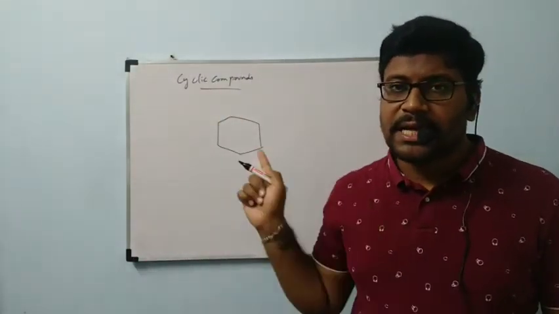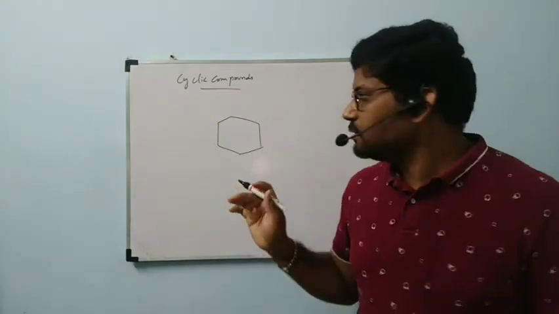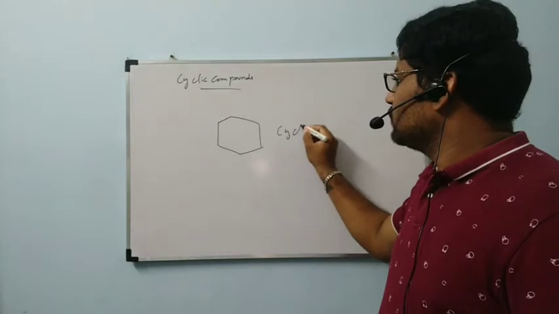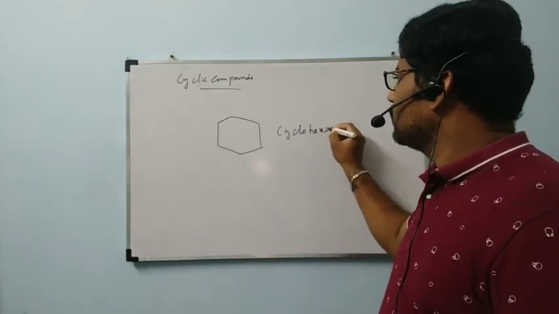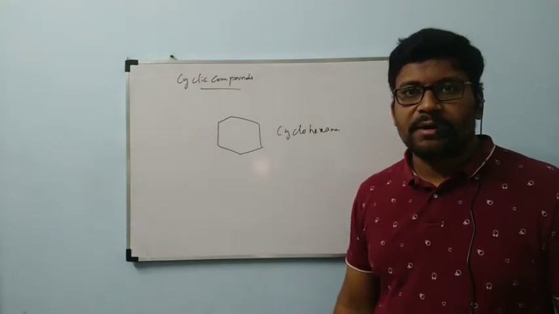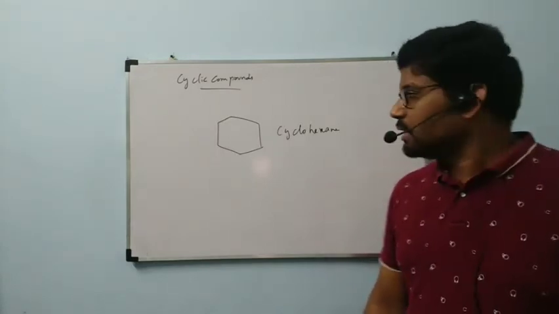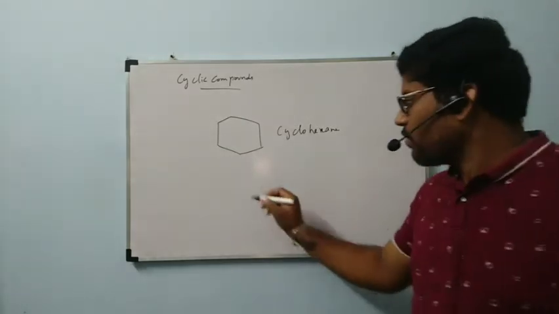But remember, it has no double bonds. All are single bonds only. Then this is cyclohexane. Number of carbons 6, root word hex. Hexane. Cyclohexane.